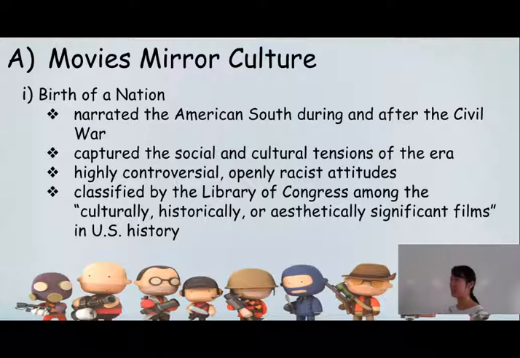Movies mirror The Birth of a Nation. The Birth of a Nation is a movie that narrated the American South during and after the Civil War. This movie captured the social and cultural tensions of the era.